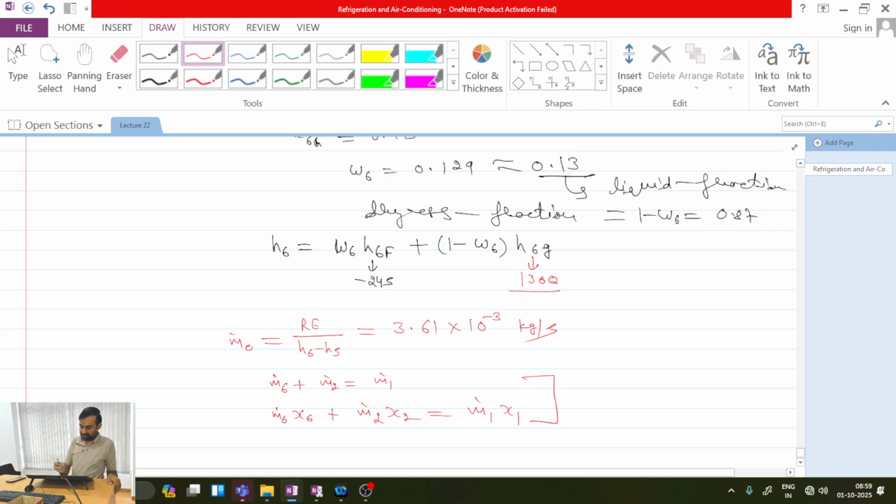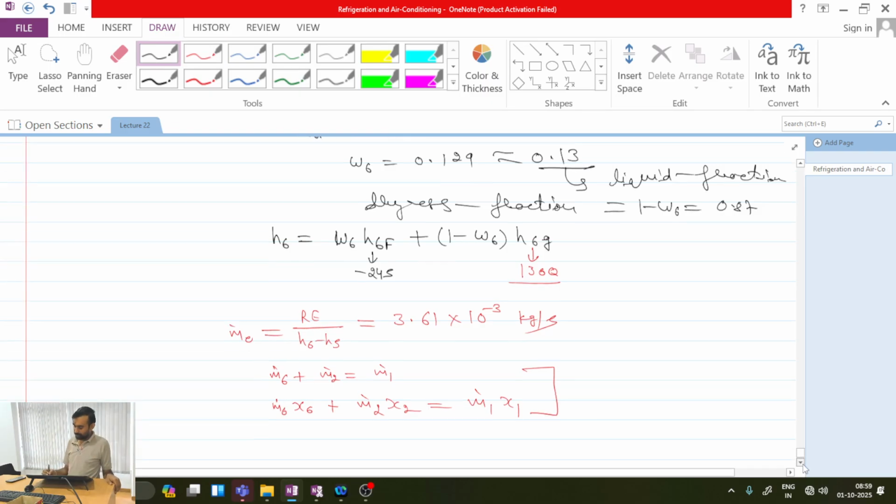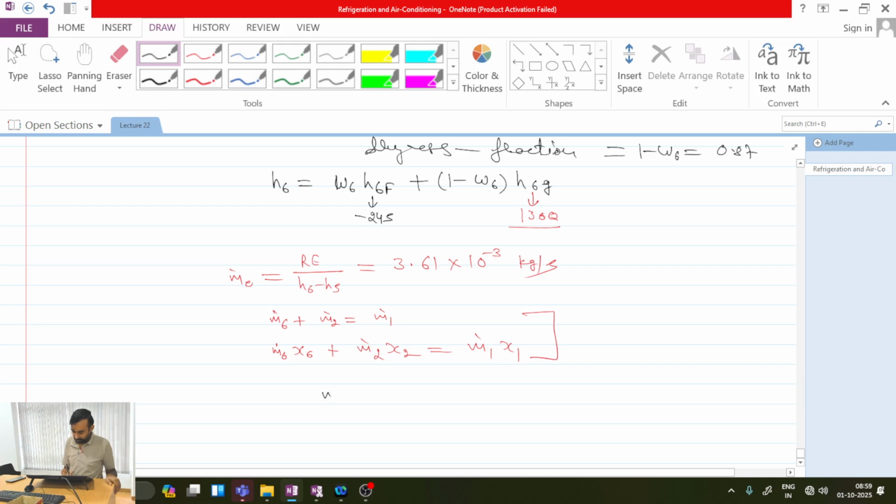From these two equations, because I have two unknowns, two equations, if you solve for m dot 2, you will be getting m dot 6 into x6 minus x1 divided by x1 minus x2, and it comes out to be 8.58 into 10 to the power minus 2.